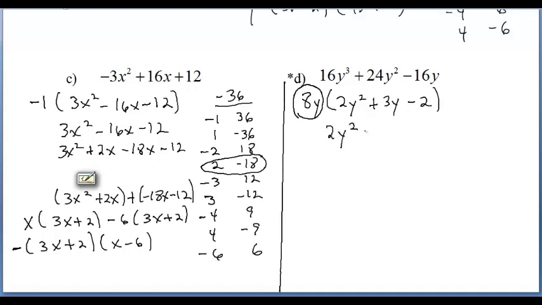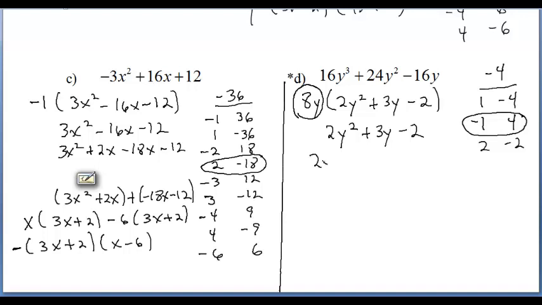So I'm going to focus in on the 2y squared plus 3y minus 2. I multiply my a, which is 2, times c, which is negative 2. That gives me a negative 4. I'm going to write all my factors of negative 4 and choose the one that adds to a positive 3. And that would be a negative 1 and a positive 4.